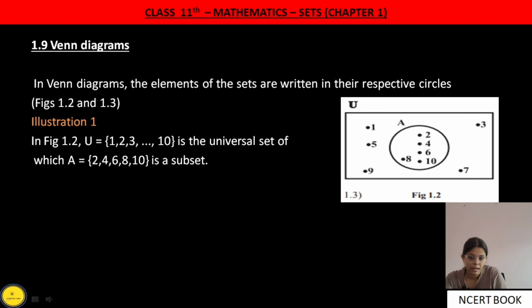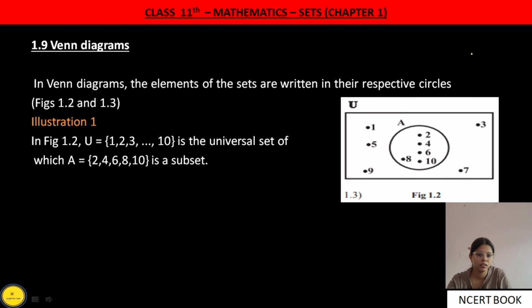In Venn diagrams, the elements of sets are written in their respective circles, like in figures 1.2 and 1.3. The first illustration we have in figure 1.2, where U, which is the universal set, contains elements 1, 2, 3 up to 10.